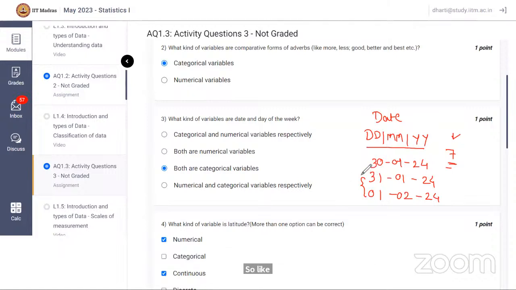Also, when it comes to date, we have some fixed categories or classification. You can't go 32/01/24. Why? Because some classification has already been made, some categories are already there. So that is also one of the reasons.